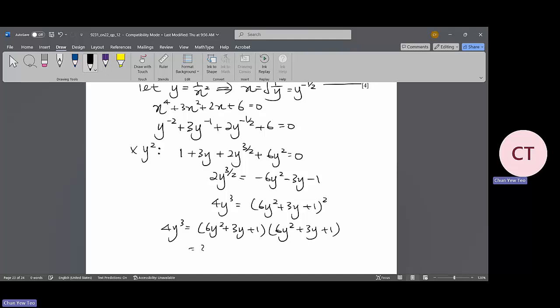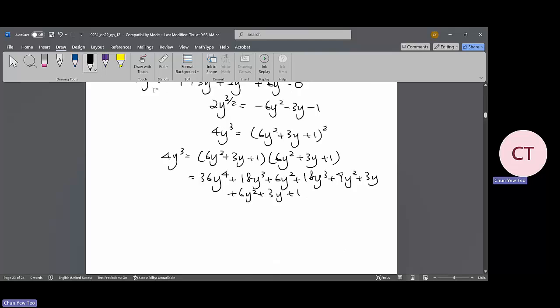So you have 36y to the power of 4 plus 18y cubed plus 6y squared plus 18y cubed plus 9y squared plus 3y plus 6y squared plus 3y plus 1.